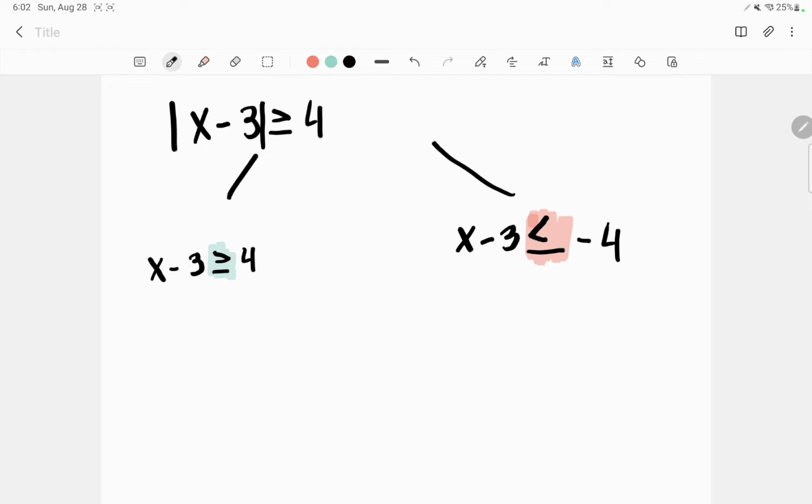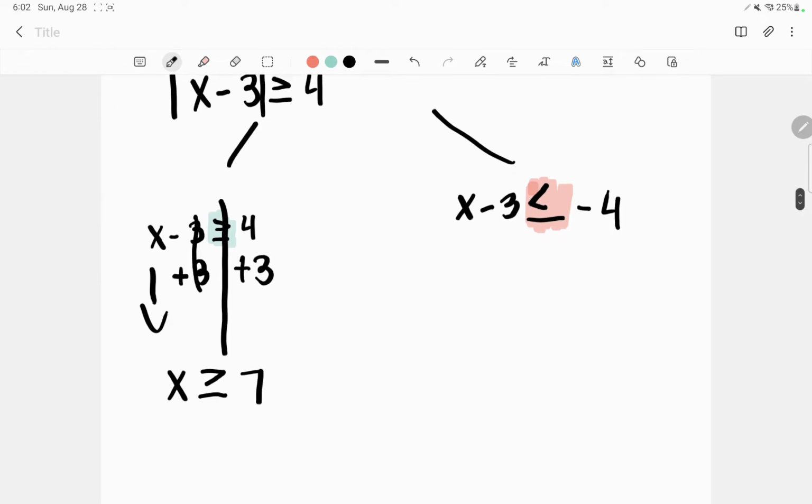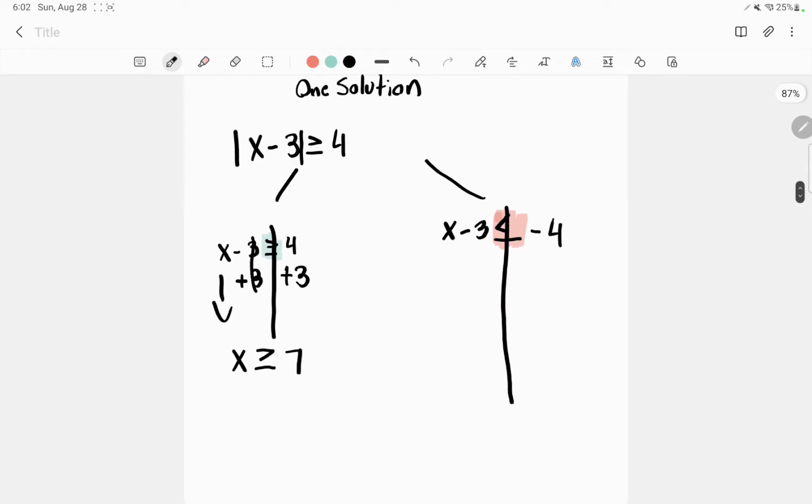Now, we just solve the inequalities. It should be relatively easy. I'm going to do plus 3 on both sides. Those two cancel out, and I add 4 plus 3 to get 7, so x is greater than or equal to 7. Over here we do the same thing.